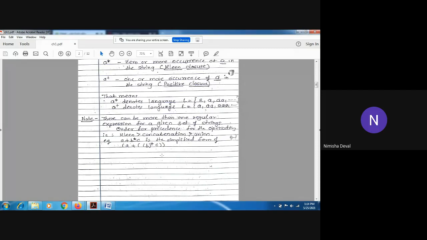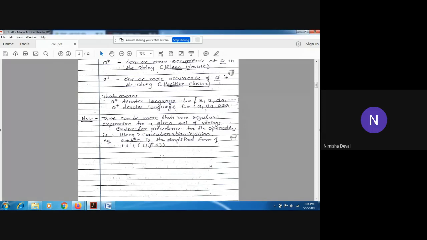Whenever in a question they ask you to write a regular expression for a given regular language, you first read the regular language, then write its regular expression, and vice versa. Sometimes they will provide you a regular expression and ask you to write the regular language. So both ways are there. According to the type of question, you have to write its answer.